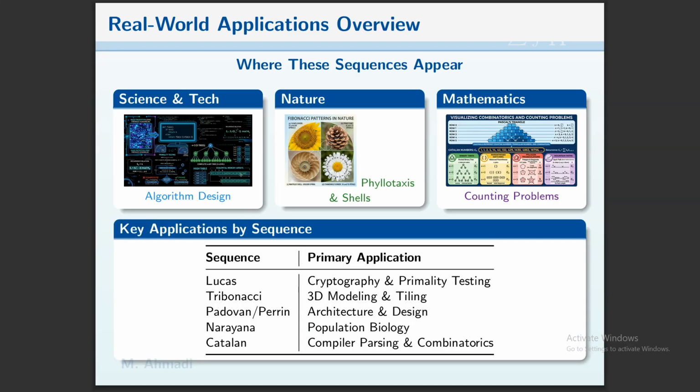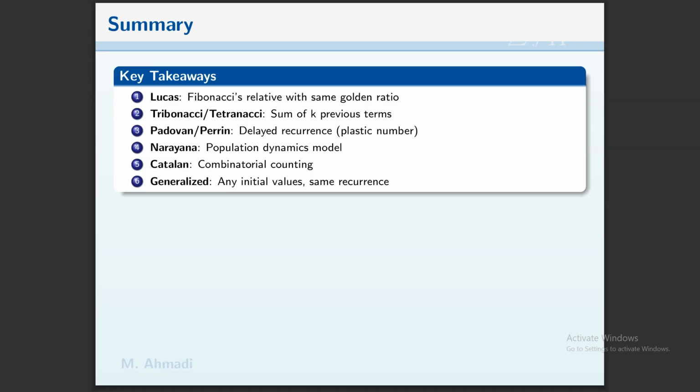Here you can also see key applications by sequence. The Lucas is used in cryptography and primality testing. Tribonacci in modeling and tiling. Padovan in architecture and design. Narayana in population biology. Catalan in compiler parsing and combinatorics.